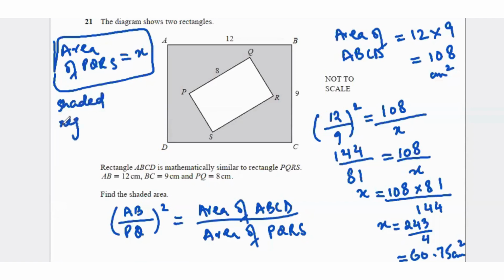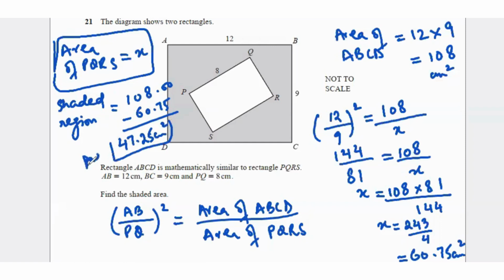Shaded region: so the difference of 108 and 60.75. 108 minus 60.75 will equal 47.25 centimeters squared. That is your answer.